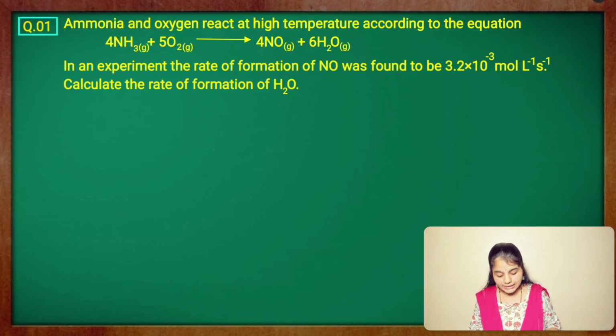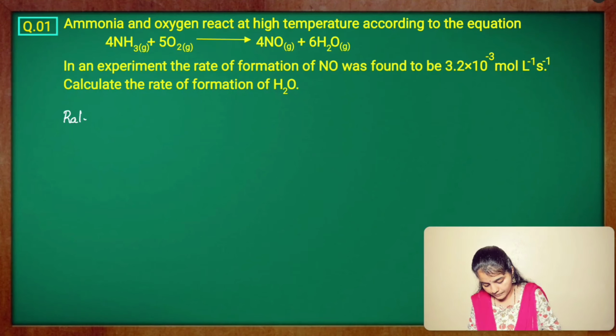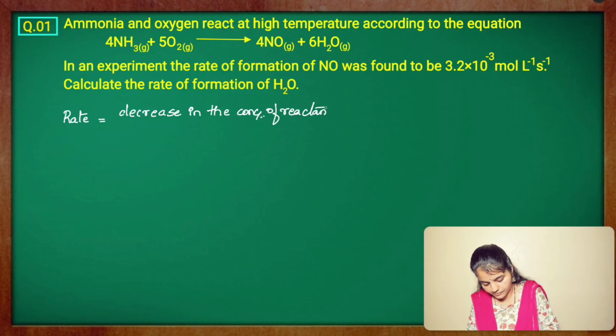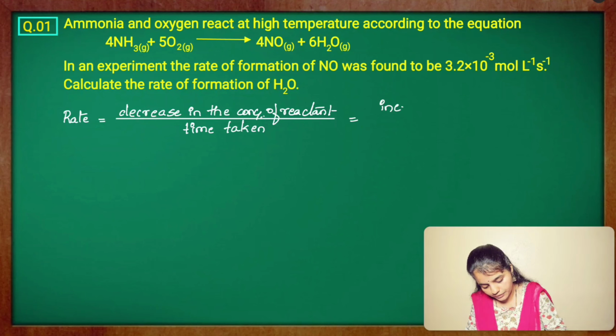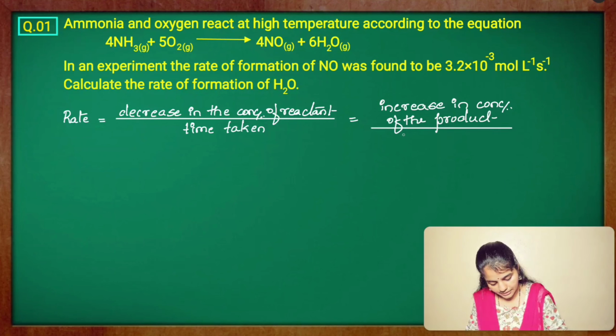So we all know that rate of a chemical reaction is equal to decrease in the concentration of the reactant divided by time taken, and this is also equal to increase in concentration of the product divided by time taken.